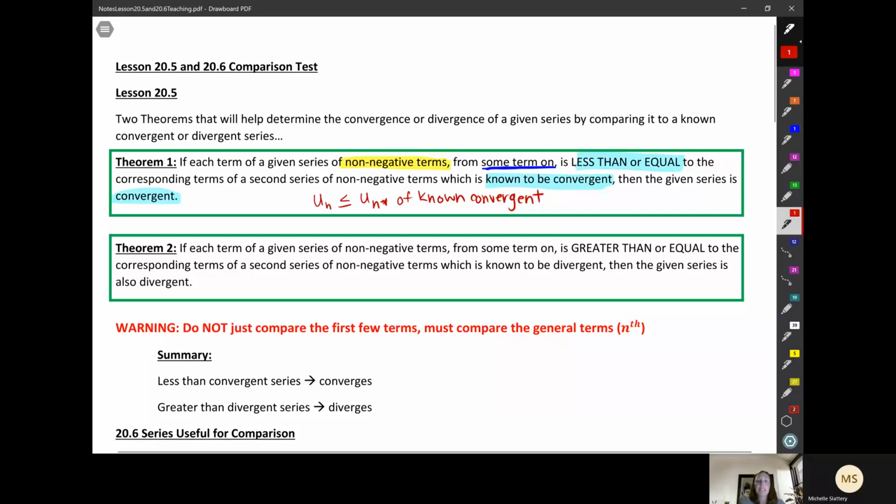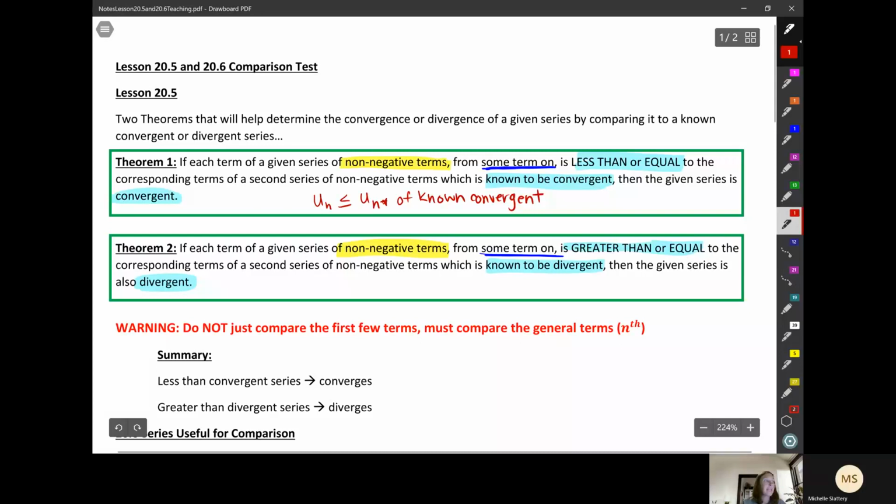Theorem 2 is a method for determining whether a series is divergent. So again, we're looking at a given series of non-negative terms, from again some term on, is now greater than or equal to that of the corresponding terms of a second series of non-negative terms, which is known to be divergent, then the given series is also going to be divergent.